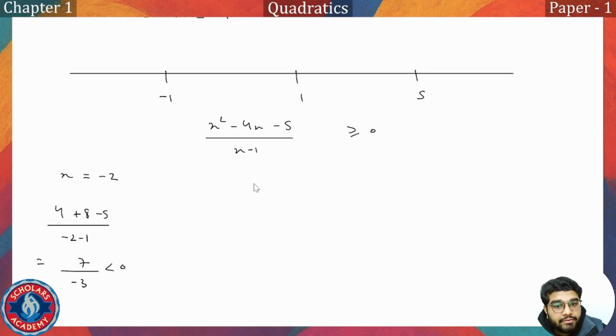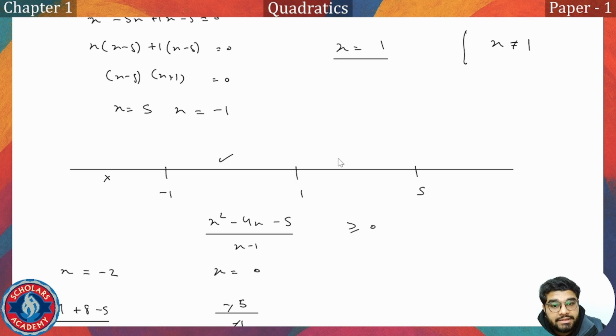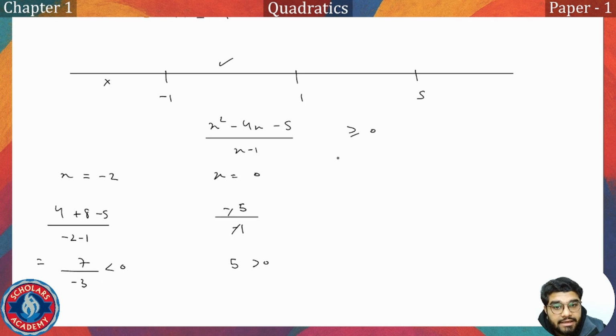And what I want is values of x for which the inequality is greater than or equal to 0. So we will not take this interval. Let's check from −1 till 1. So I take x = 0. If I substitute that, what do I get? −5 divided by −1. The negative gets cancelled out. I get 5. And 5 is greater than 0. Yes, I will take this interval. But we need to keep in mind, equality should not come with 1. Otherwise, the denominator will become 0 and that is undefined.